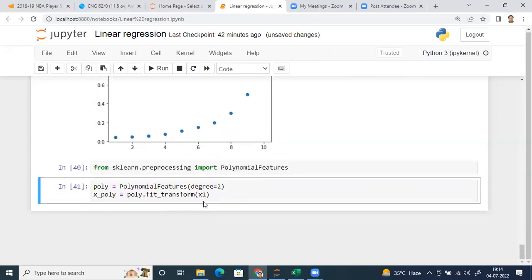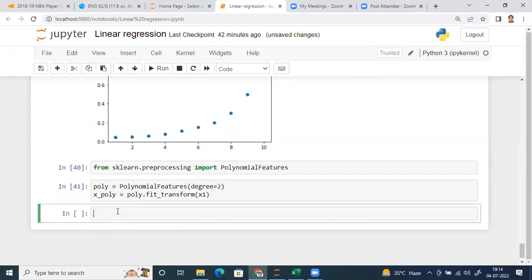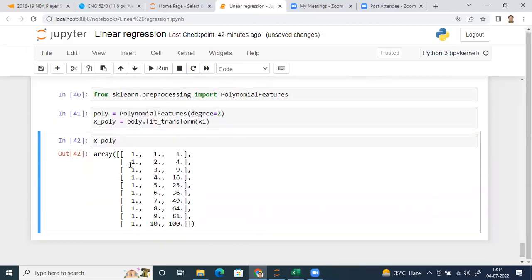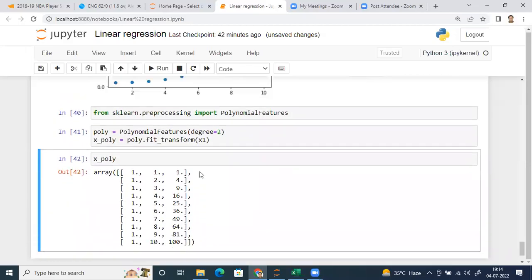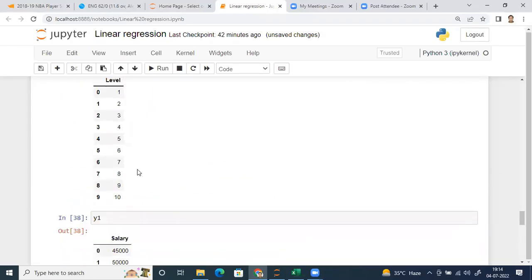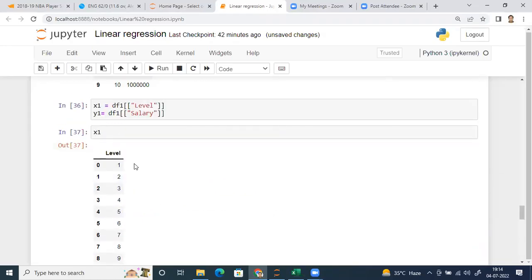This is my polynomial feature, and you can check it right now, everyone. X_poly. Can you see, everyone? Only one parameter is there, x1. So what will you get? You will get everything up to degree 2: x1 to the power 0, x1 to the power 1, x1 to the power 2, right?